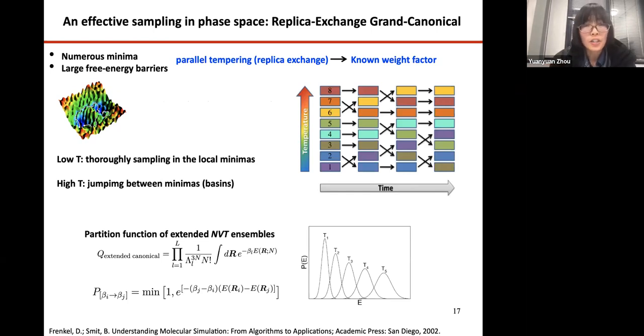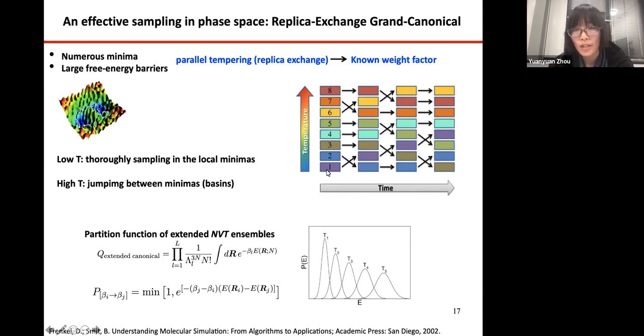Traditional replica exchange simulations include several replicas, and each replica has configurations in a canonical ensemble at different temperatures, as shown here. There are eight replicas, and different colors represent different thermodynamic states, here only different temperatures.